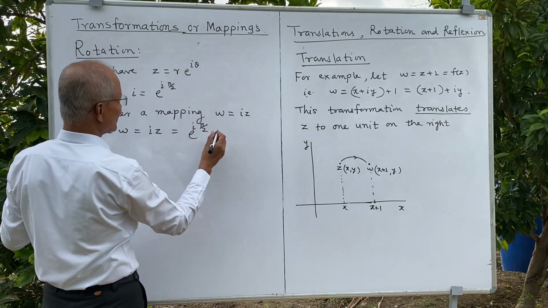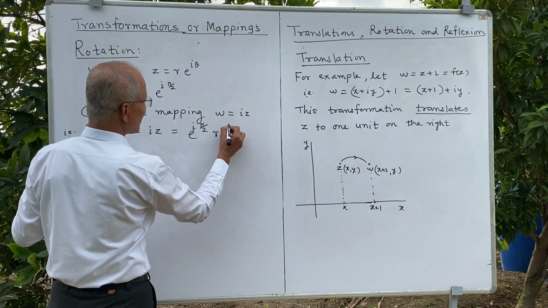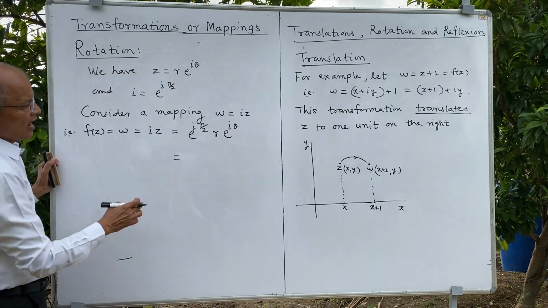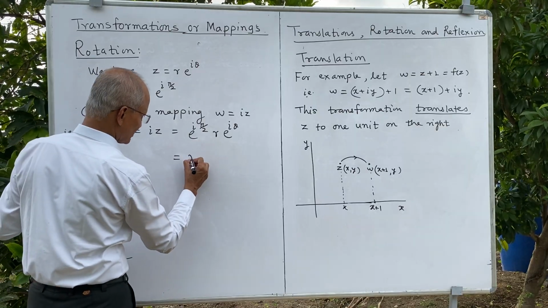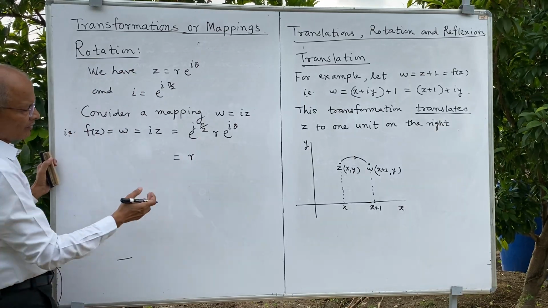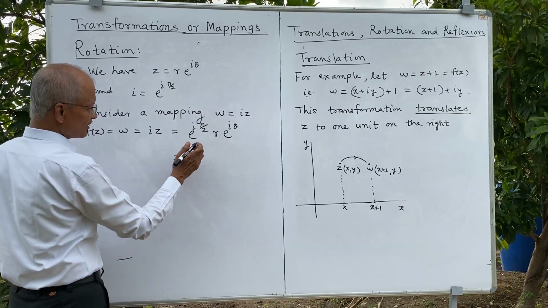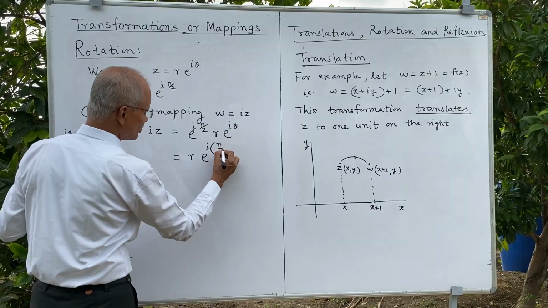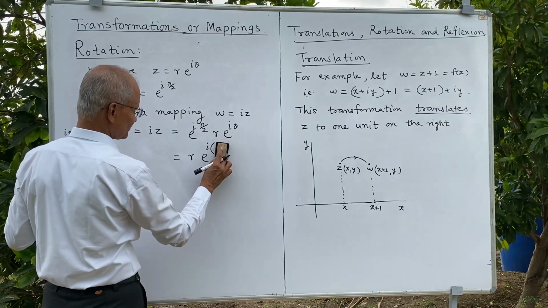And z we can write as r into e power i theta, and here r is the common term, and this exponential term we can write as i into bracket theta plus pi by 2.